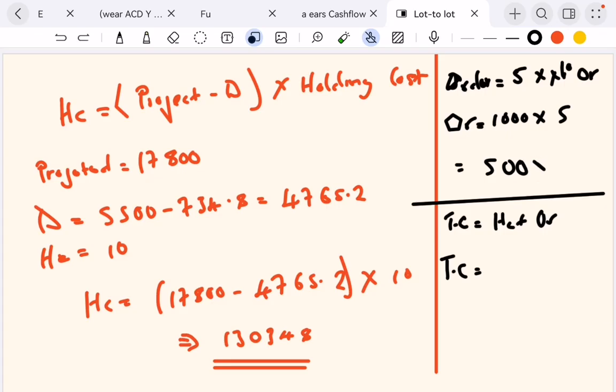So it will be equal to 13,348 plus 5,000, which is giving us how much? So that was what was needed.